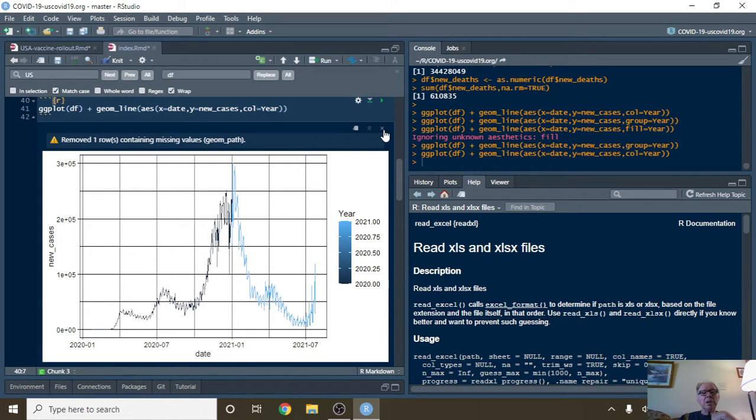Hmm. What we want to try, we want to try to compare. How come I'm not getting, why am I getting percent? Why am I getting these numbers here?